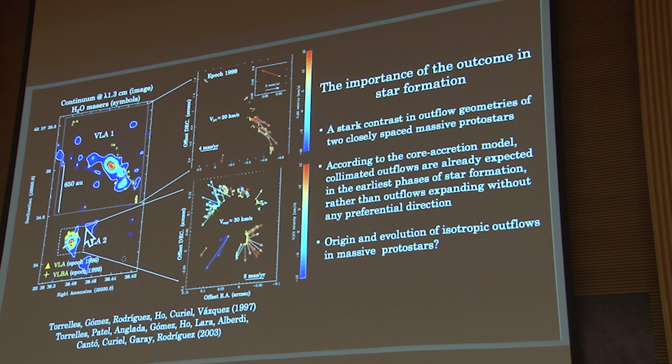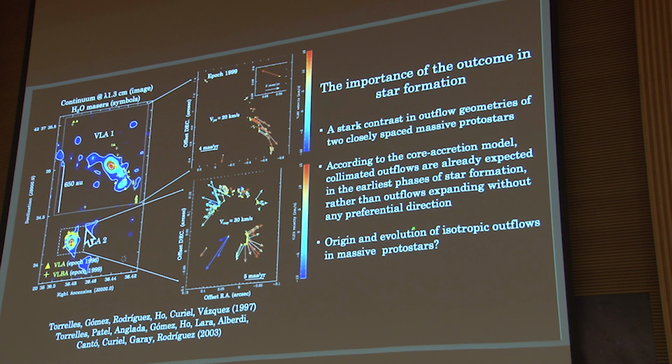It was very surprising because, well, you know that according to the accretion model, we expect already at the beginning of the evolution of the protostars collimated outflows. But we don't expect, or we don't know how to produce, isotropic outflows at the very beginning.